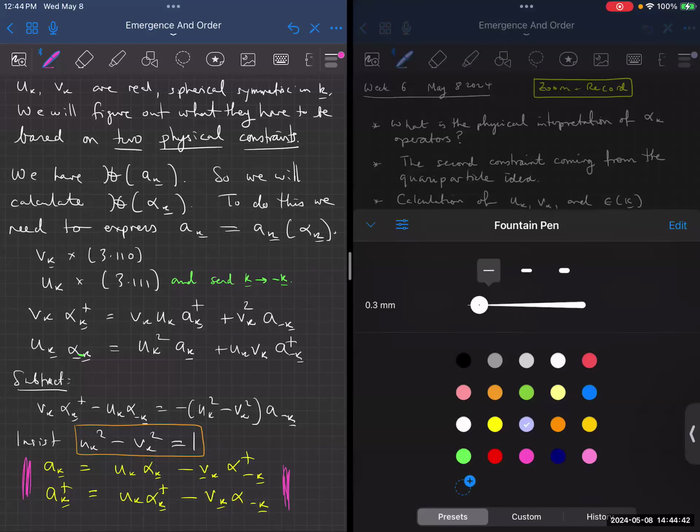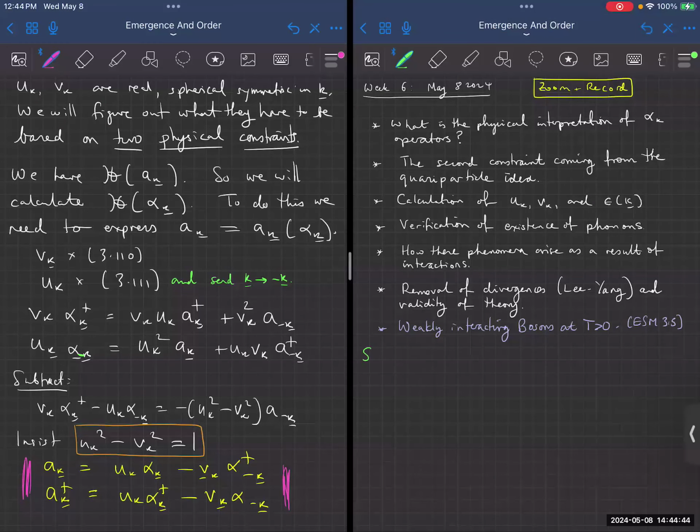let's get moving. So in my calculation, I'm going to do step 3, and we're going to identify the nature of these alphas. So we're going to look at their commutation relation.